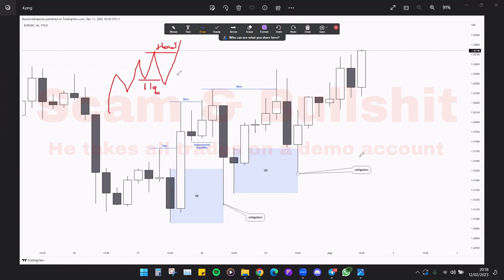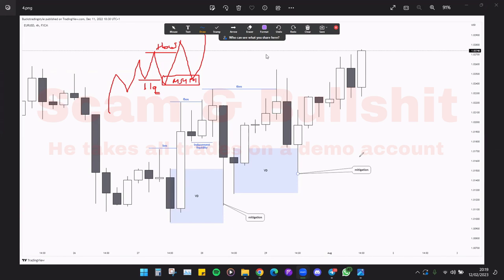The POI that formed after this liquidity got taken out is our MSU POI. So after the true break of structure, we want to see price come into the MSU POI and then continue the up move. I'm going to draw it out for you to understand when we actually come into that. I'm just trying to show you the illustration.